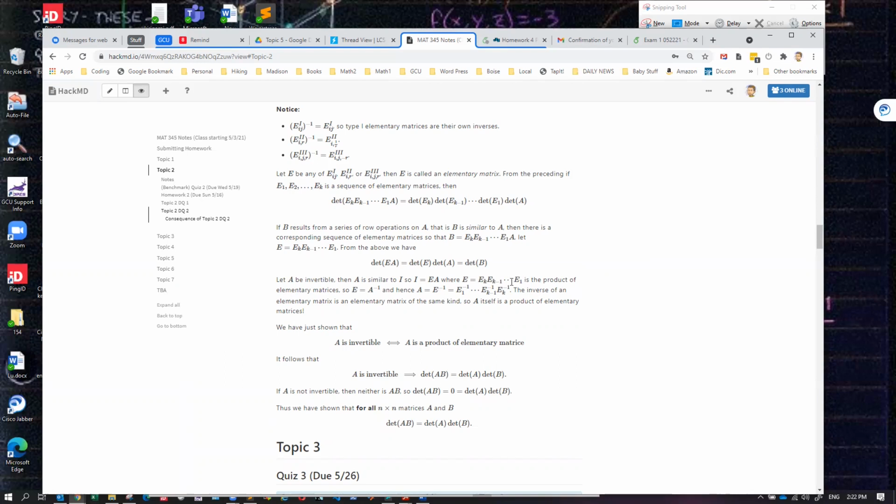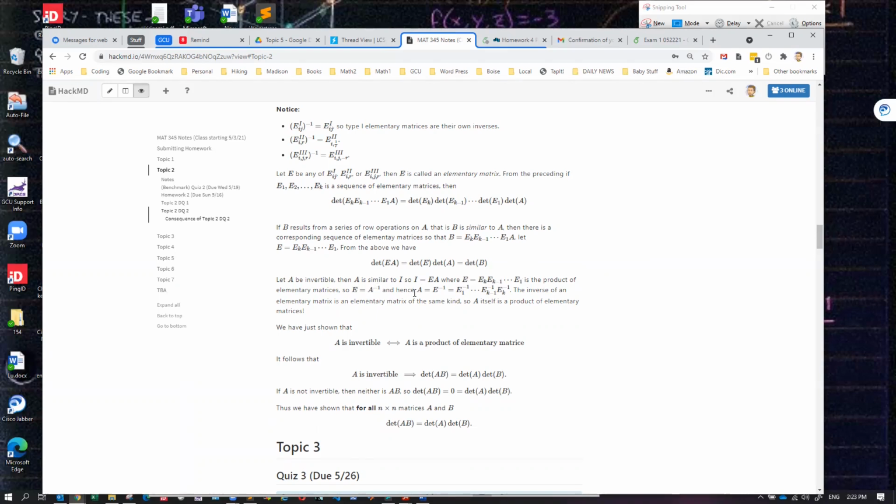So each elementary row operation's inverse is an elementary matrix of exactly the same type. So I can invert this E, and you just invert all these pieces and flip the order. Then you get that E is equal to A inverse, because I is equal to E times A.